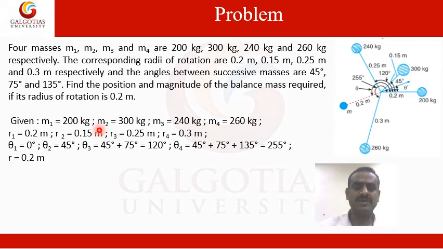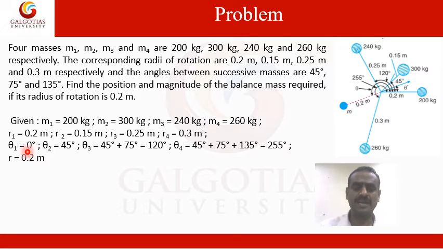Each mass is located at the corresponding radius: R1 equal to 0.2 meter, R2 equal to 0.15 meter, R3 equal to 0.25 meter and R4 equal to 0.3 meter. These are the radii of rotation of the masses, given as R1, R2, R3 and R4.